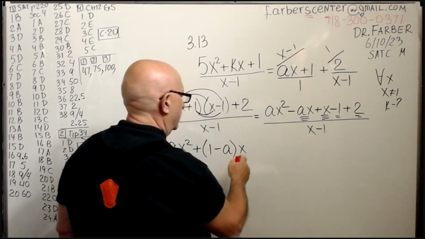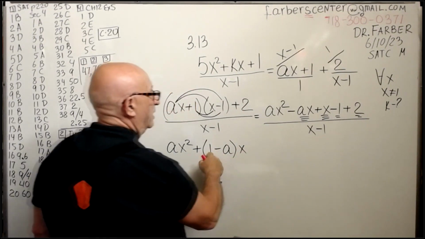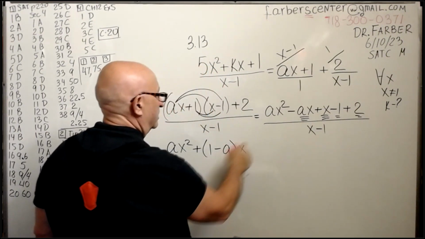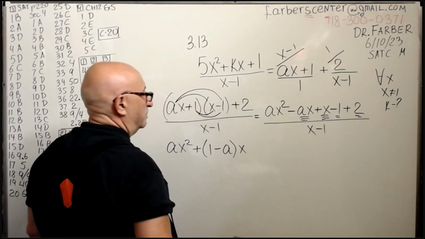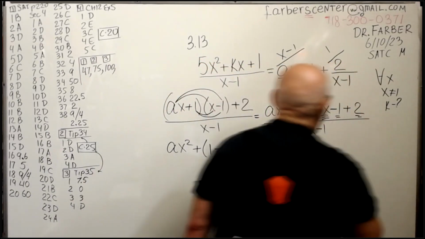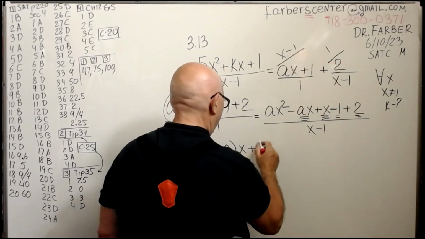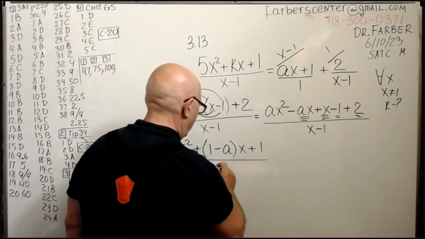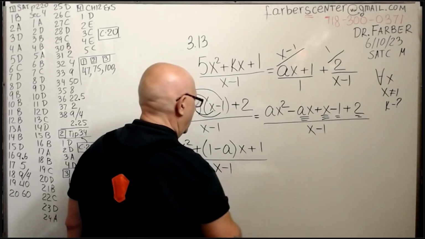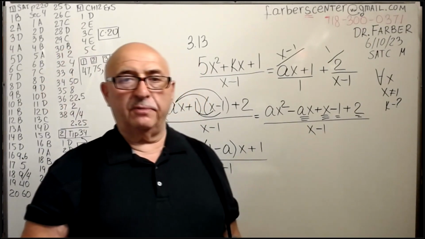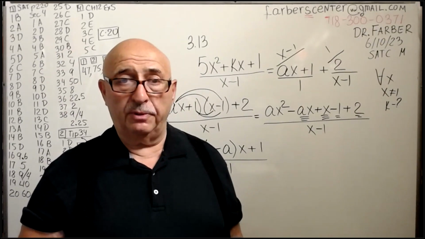Check it. x times 1 is x. x times negative a is negative ax. Perfect. Minus 1 and plus 2 is 1. Divide by x minus 1. What did I accomplish? Again, I get a trinomial divided by a binomial.